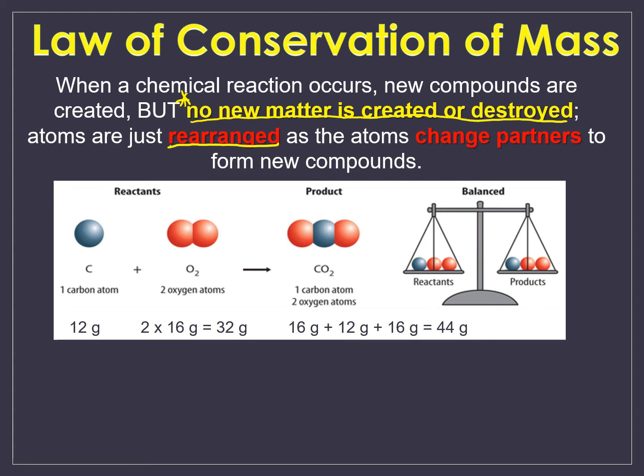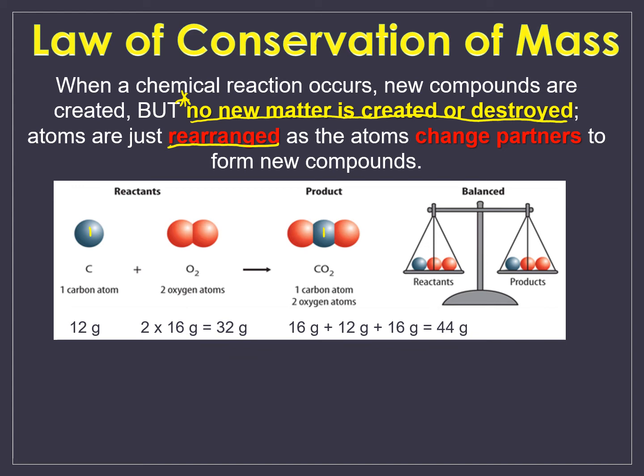Now, the law of conservation of matter says I'm not creating any more carbon, so the carbon on the left-hand side will show up on the right-hand side. So again, I'm labeling it for y'all. I have 1 carbon atom on the reactant, and I have 1 carbon atom on the product side.